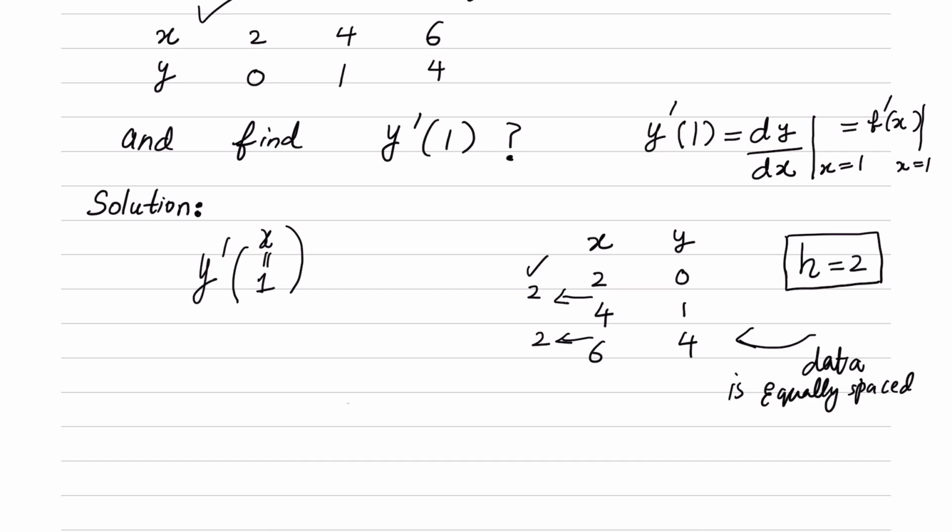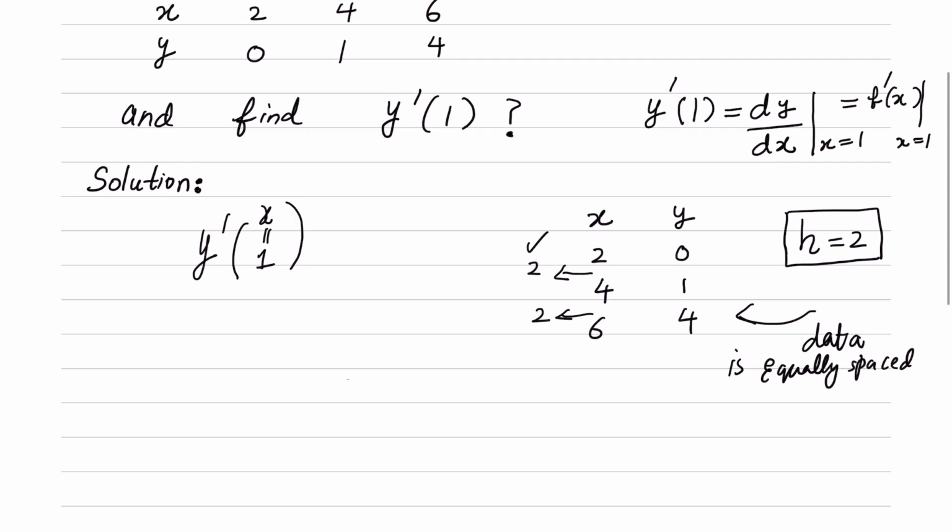If the derivative needed to be found at an x value closer to the end of the x values, then we would have used the backward differences method. But here we will use the forward differences method to construct the polynomial.